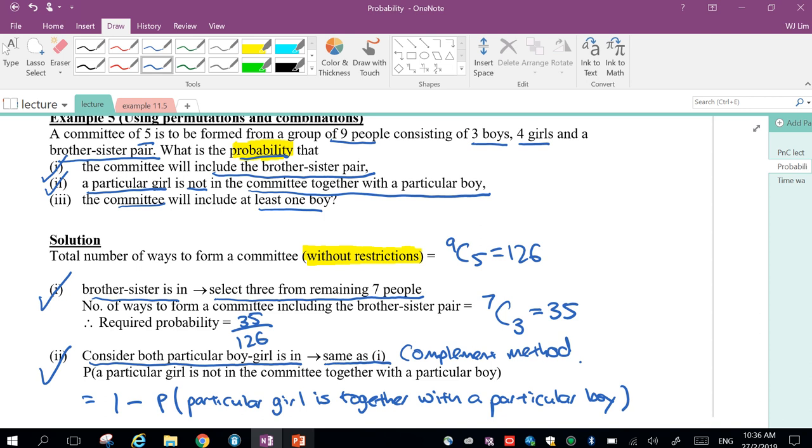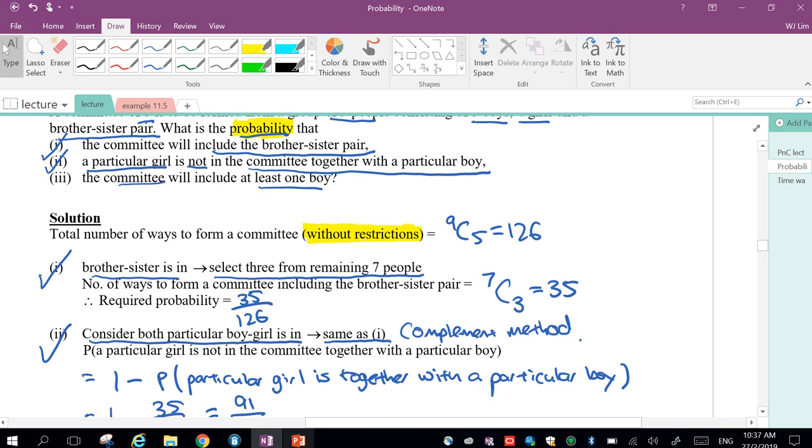Have you gone through P&C? There are 2 ways. One is the direct way, where you consider cases. Let me write it down. The first way is complement. The second way is the direct way, where you need to consider cases.